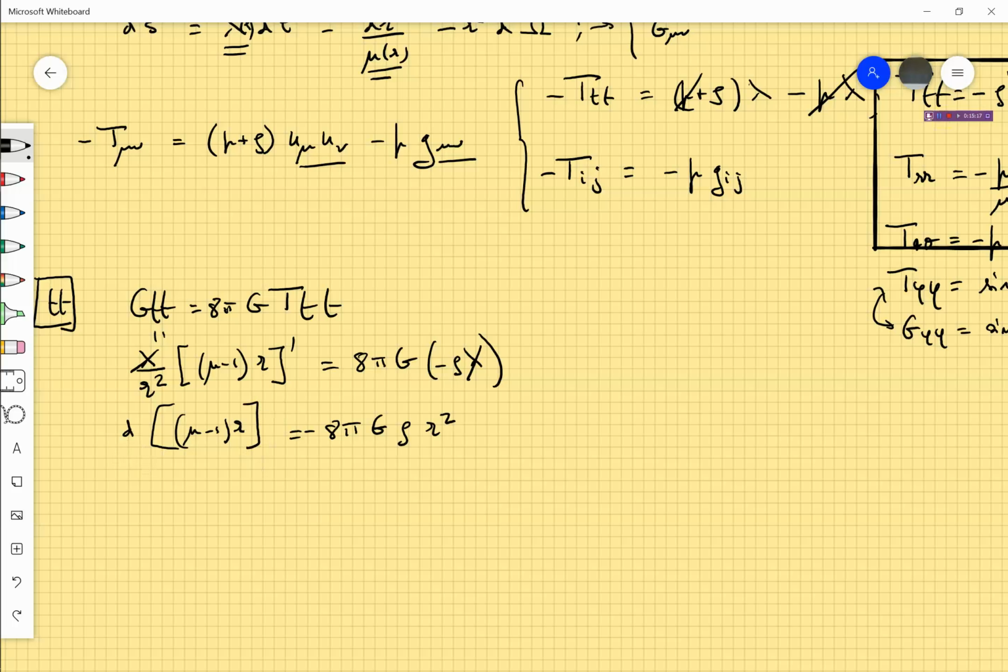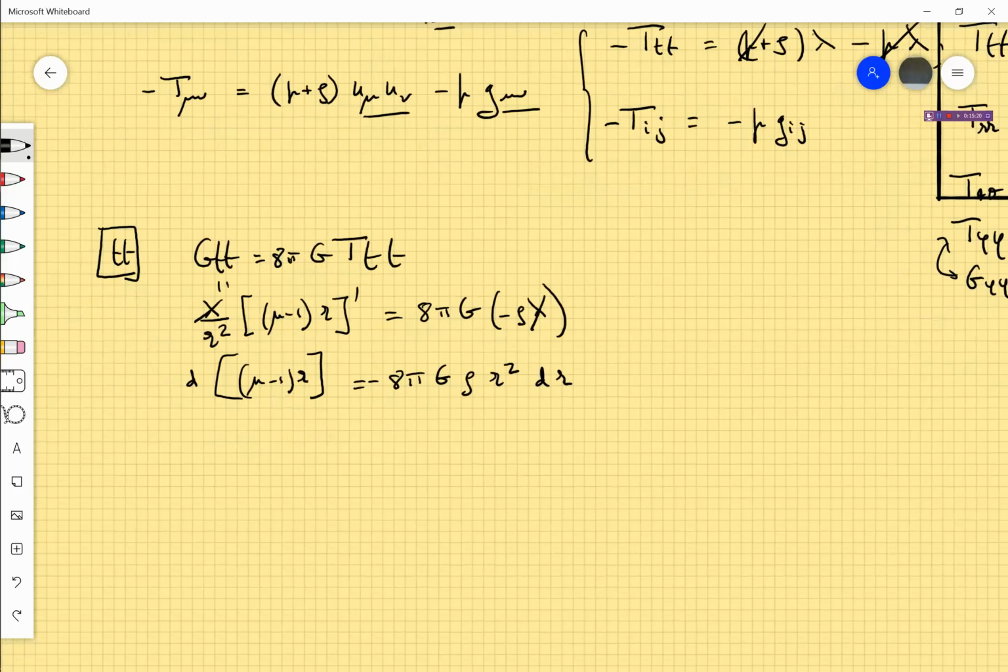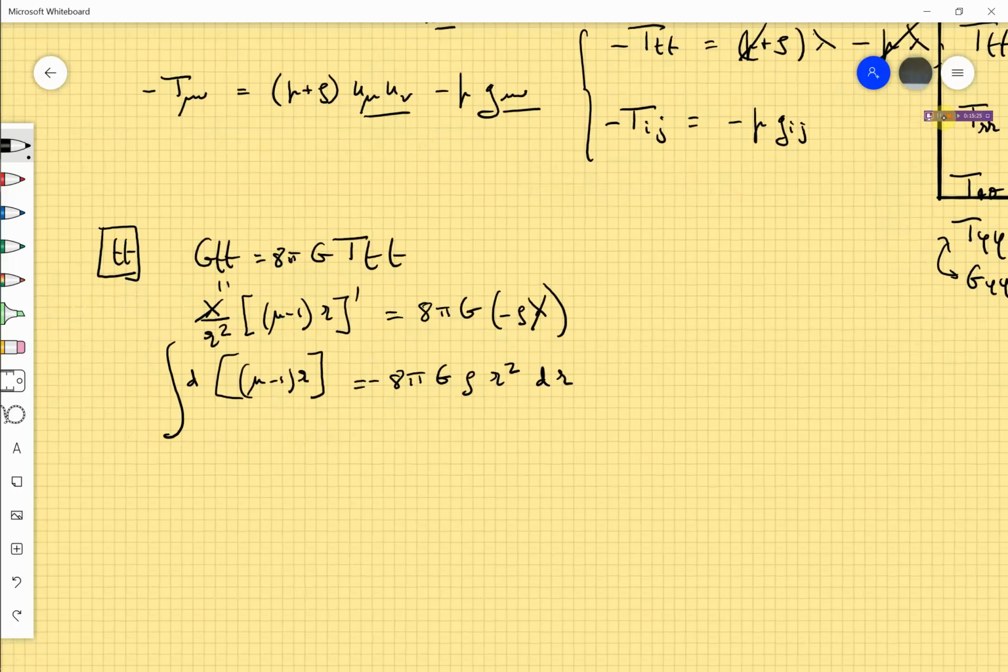The standard way of doing this would be to multiply everything by dr and integrate the two sides. You replace r by some other variable: if you want to express this in terms of r, then you write this as an integral of dx x squared rho of x between 0 and r, plus some constant that you choose according to your boundary conditions.